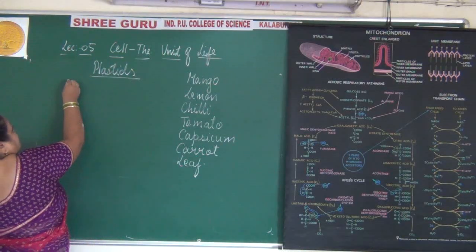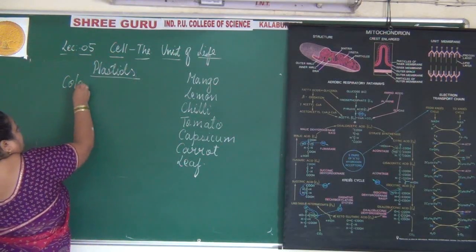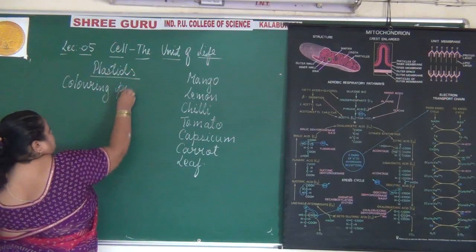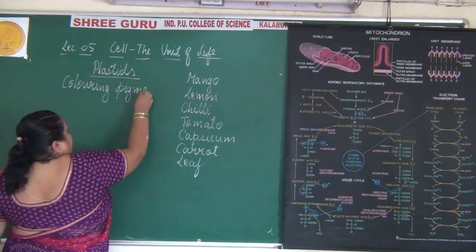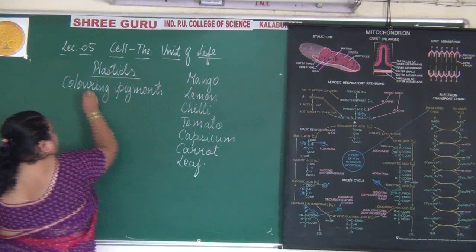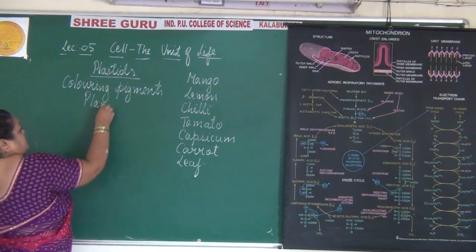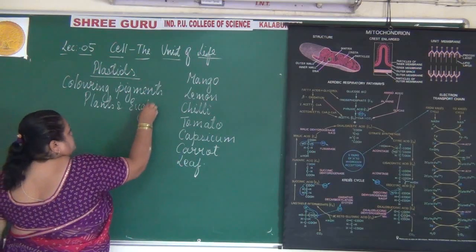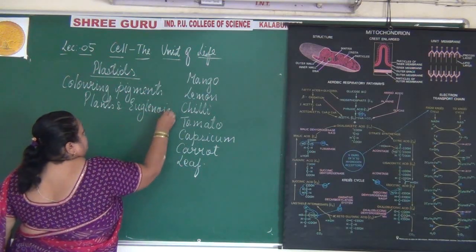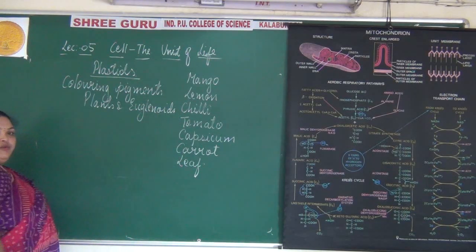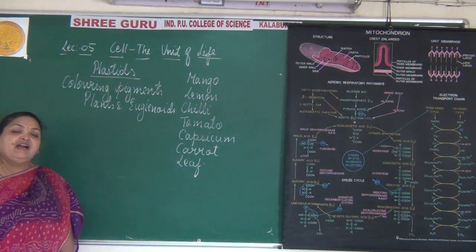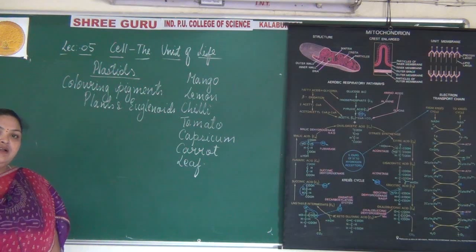These plastids are the coloring pigments that are present in plants and euglenoids. All the different varieties of fruits have their own characteristic color.